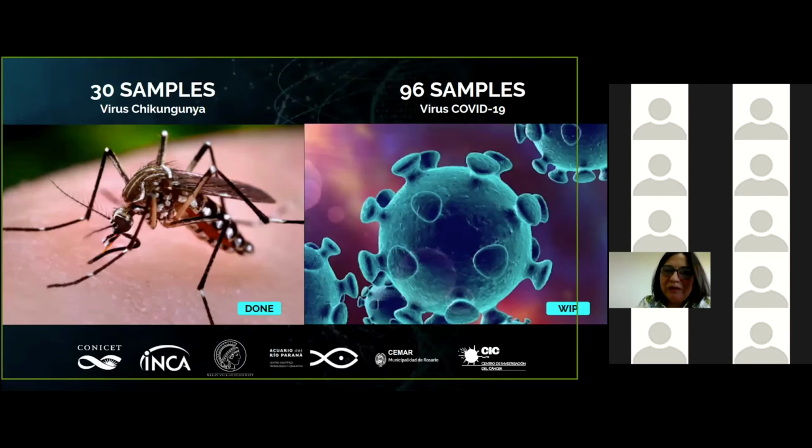And we are now working on the multiplex sequencing of 96 samples of the COVID-19 virus. We build upon previous results that we obtained in Brazil 3 years ago. And so we are also collaborating with 5 other labs in Rosario City on this project.